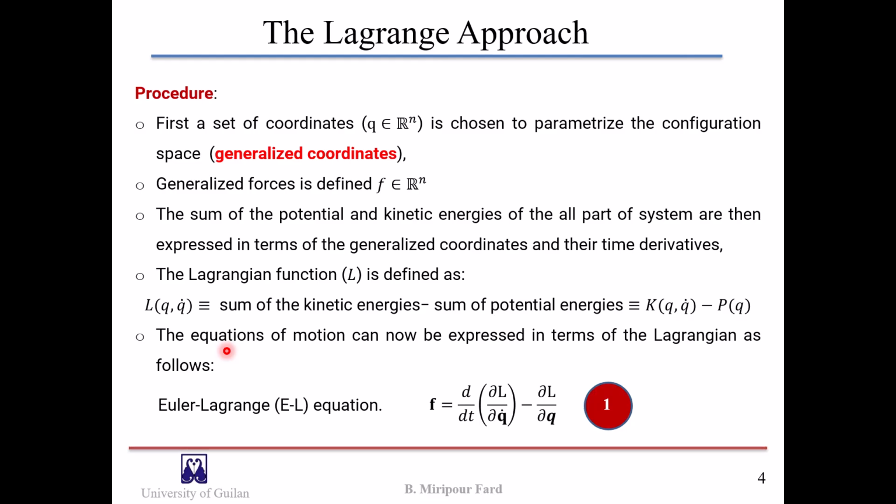The equations of motion can now be expressed in terms of the Lagrangian, as you can see here. This is the Euler-Lagrange equation, and finally a set of second-order differential equations for the dynamics is obtained from this equation, which is expressed in the chosen coordinates for the configuration space.